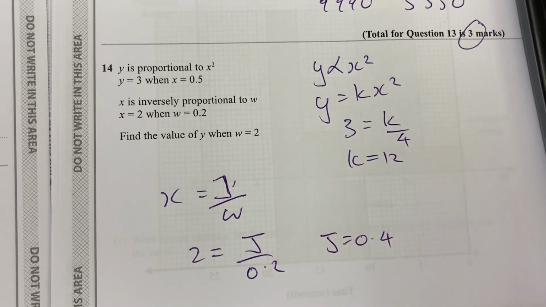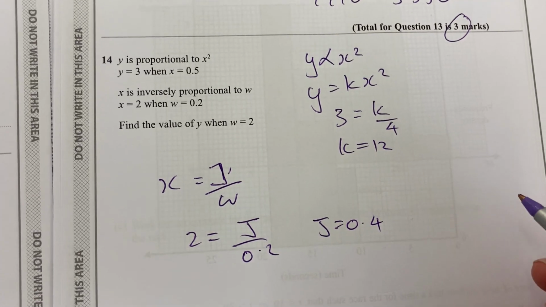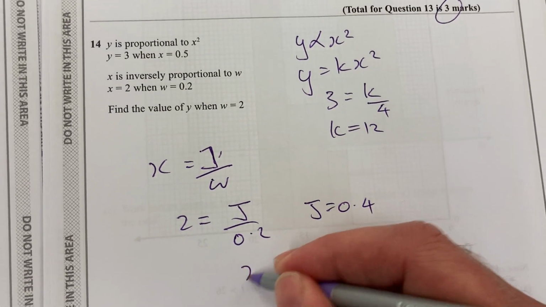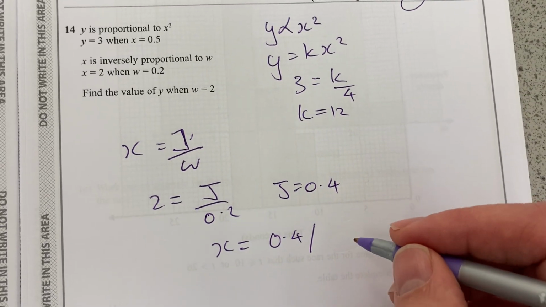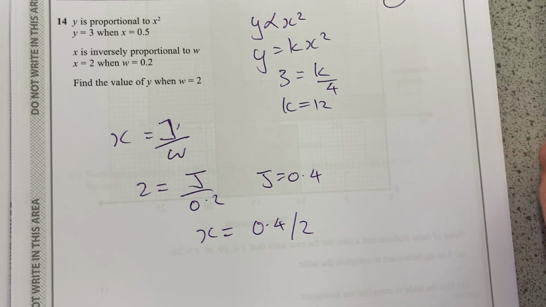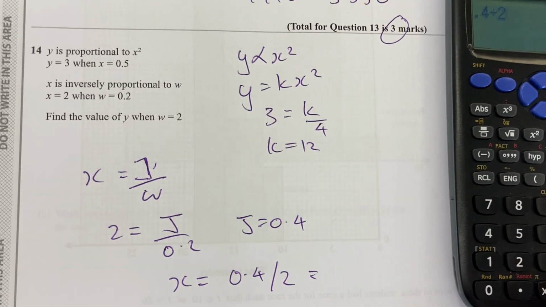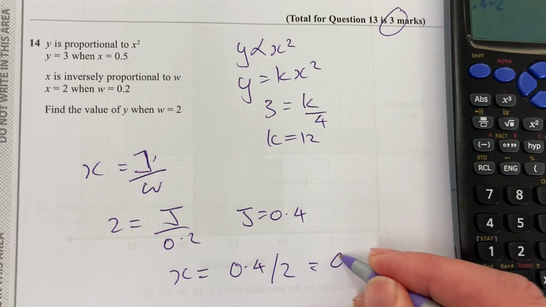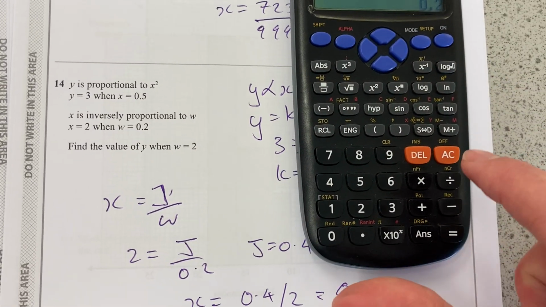So then we have to find the value of y when w is 2. So when w is 2, x is 0.4 divided by 2. So 0.4 divided by 2 is 0.2. And then I'm going to square that.